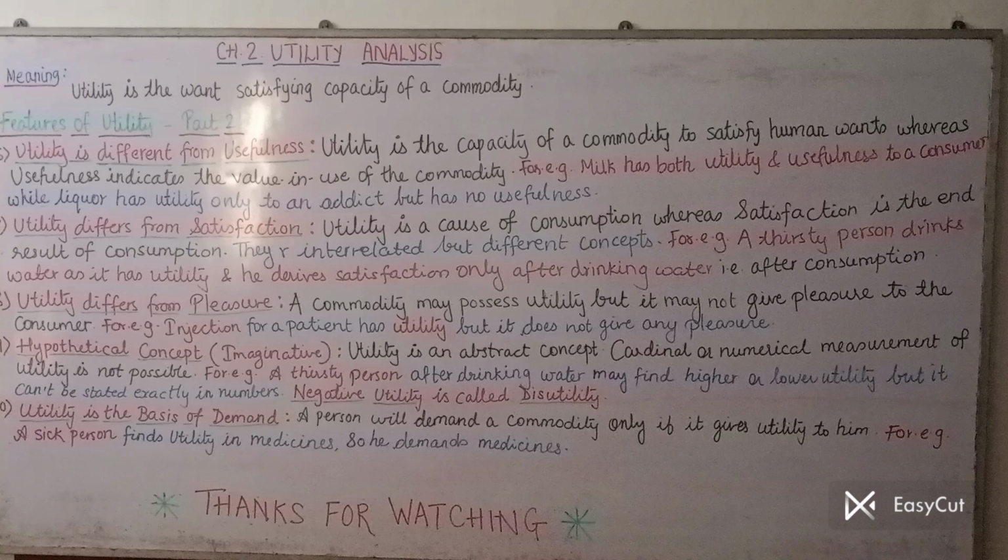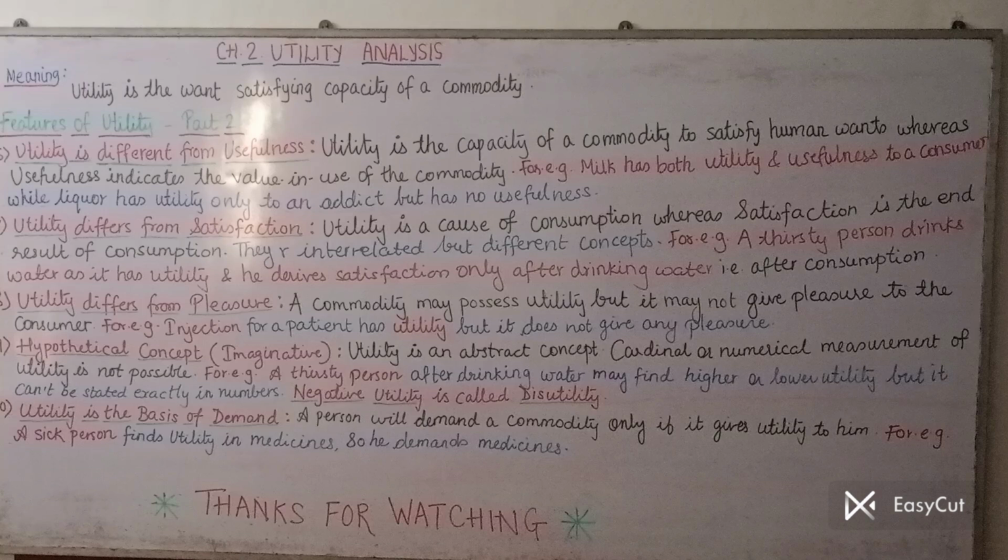Moving on to next. Utility differs from satisfaction. See, here utility is always present in the commodity even before consumption, and that's why we make demand for the commodity. If a commodity has utility, then only we make demand for that commodity and we try to consume it. So that means utility is present in the commodity even before consumption.